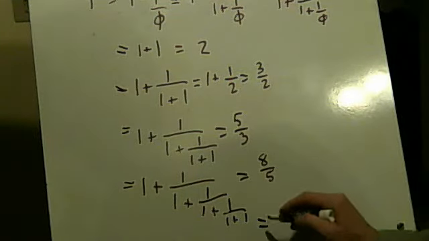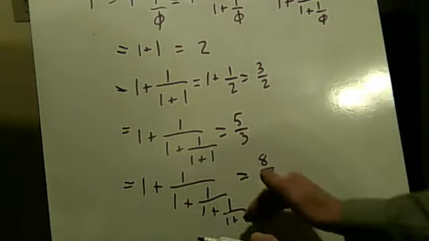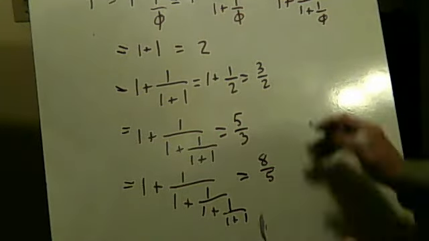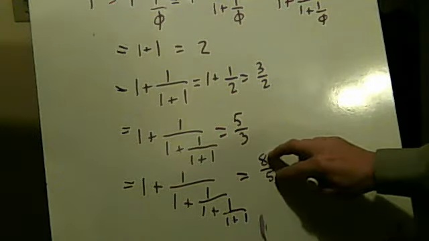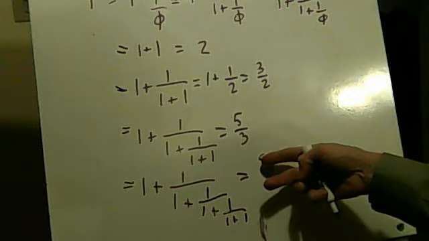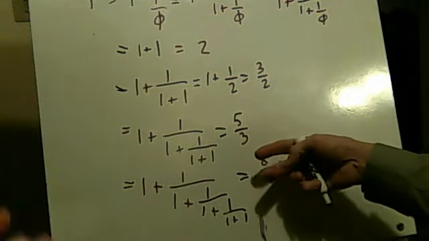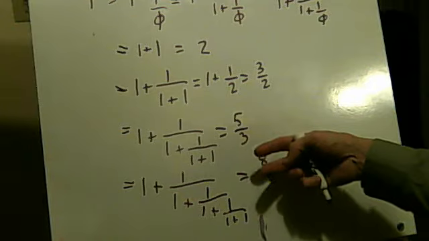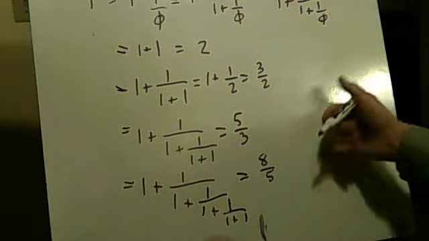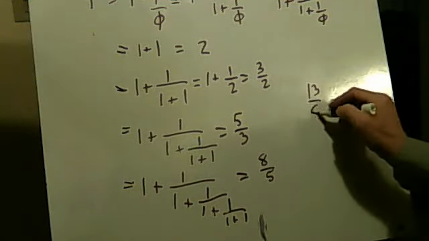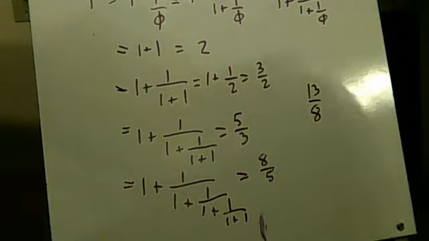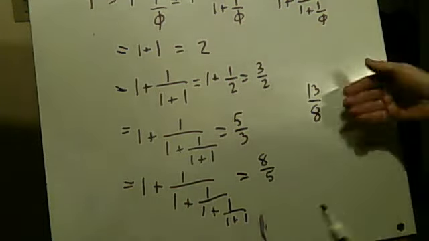So the next one here that I know, because I see the pattern, I'll write it over here. I'm going to take the 8/5, turn it upside down to make it 5/8. Then I'm going to add 1 to it, or 8/8. That's going to give me 13/8. Okay? That's the next Fibonacci number. And that's going to be closer and closer.